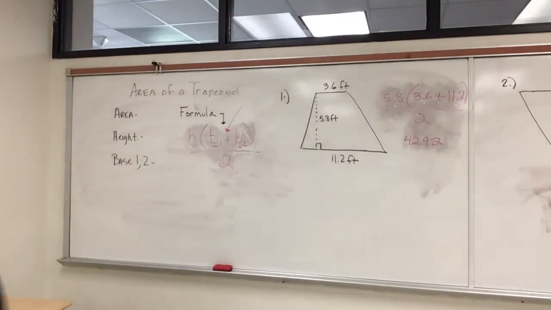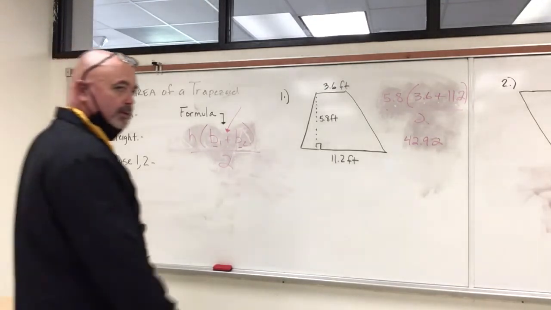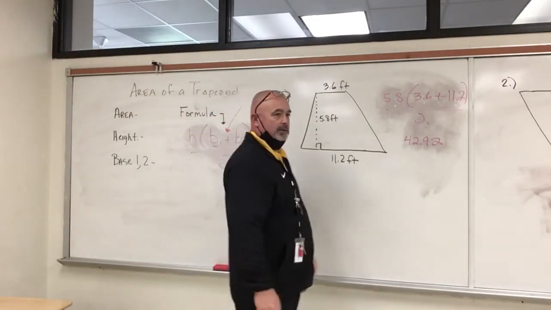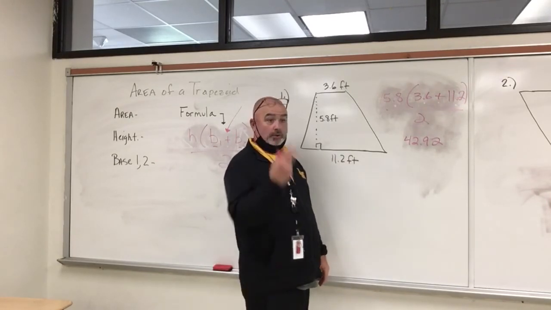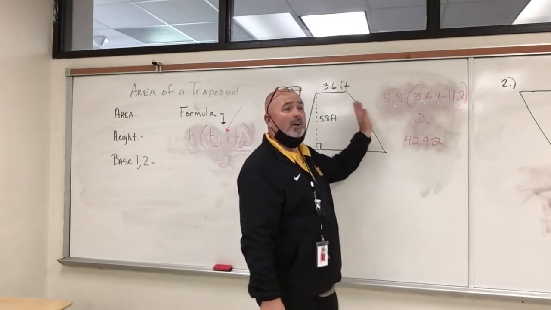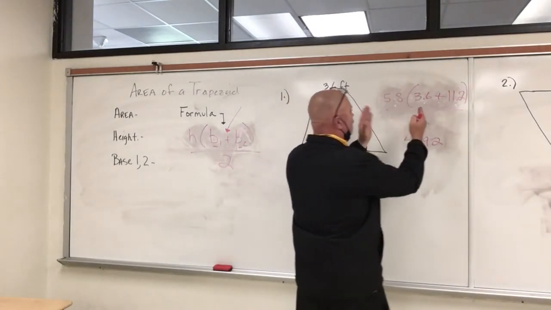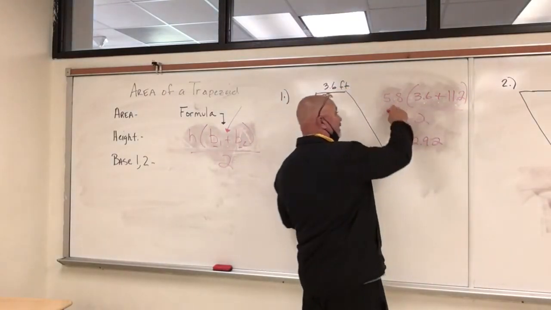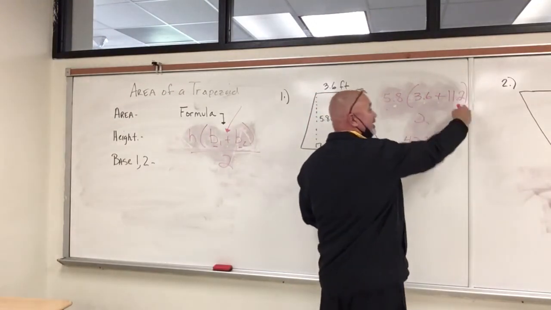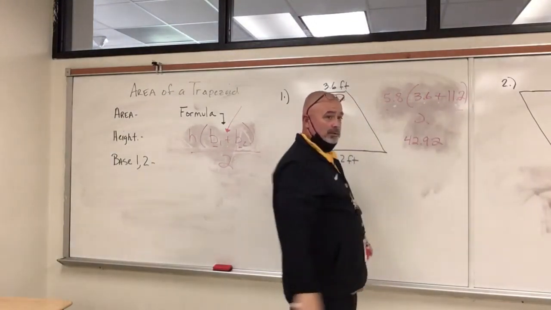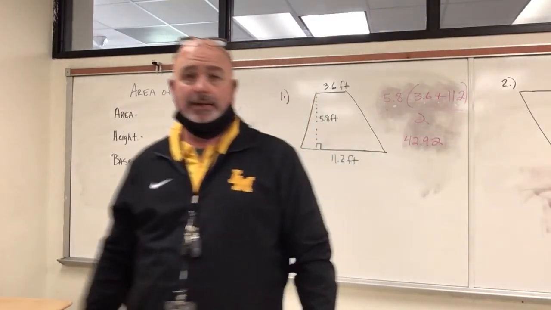And you should get the same answer. Y'all get the same answer? Yeah. Okay, so there's two different ways. If you do it all at one time, you type it in just how it is: this, parentheses, plus this, parentheses, divided by 2. Okay? Everybody got that?